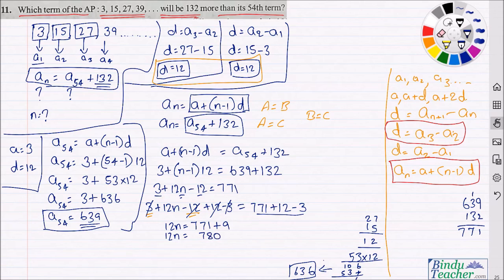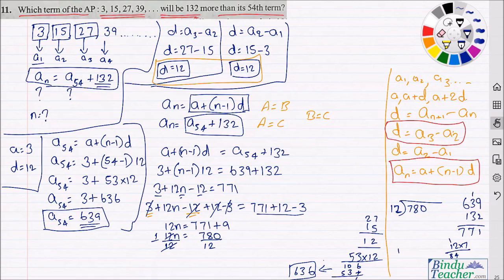Now here I want to remove the 12, so what we will do is we will divide by 12 on both sides of the equation. So 12 divided by 12 equals 1. We have 780. So let me divide 780 by 12. Okay, so let me try 12 into 7.